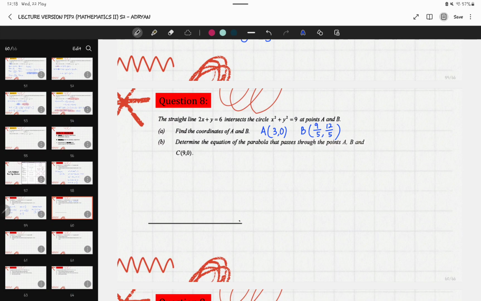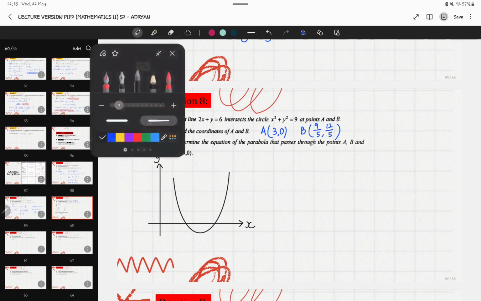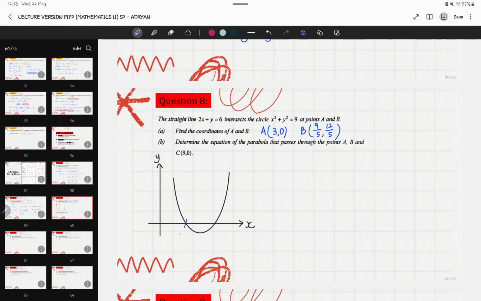So try to sketch the diagram, whereby here is your y-axis, and then you will have a parabola as such. This is just a sketch. Label your y and your x. Given the three points, there is (3, 0) here, and then C is (9, 0).